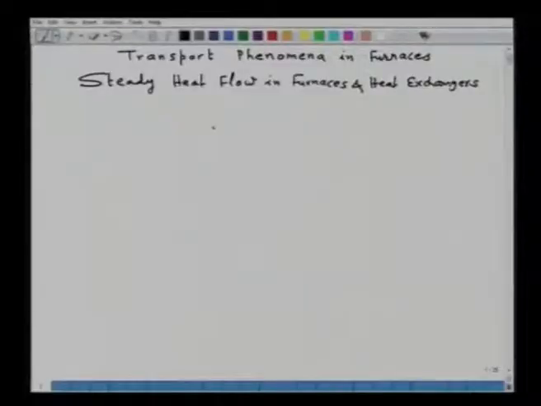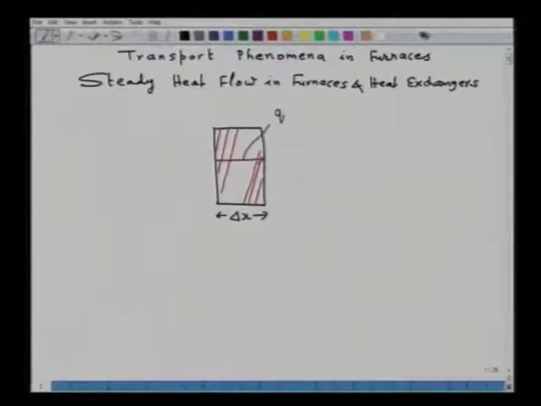So, let us consider a furnace whose wall is delta x in thickness, and let us say this is the refractory lining, and through the refractory lining the heat is flowing by the mechanism which we all know, Q conduction.